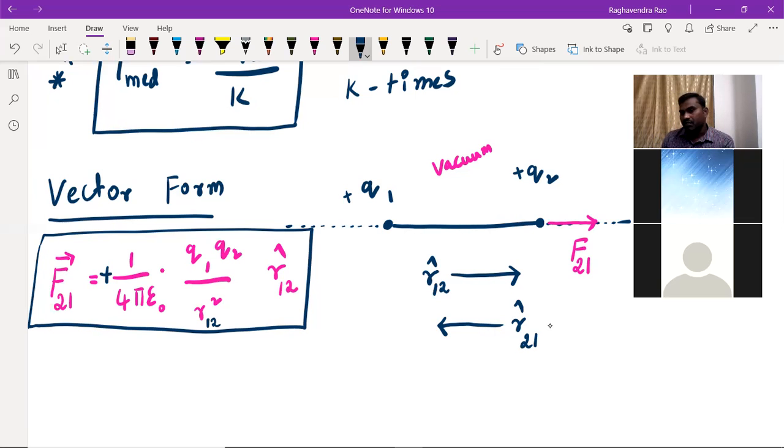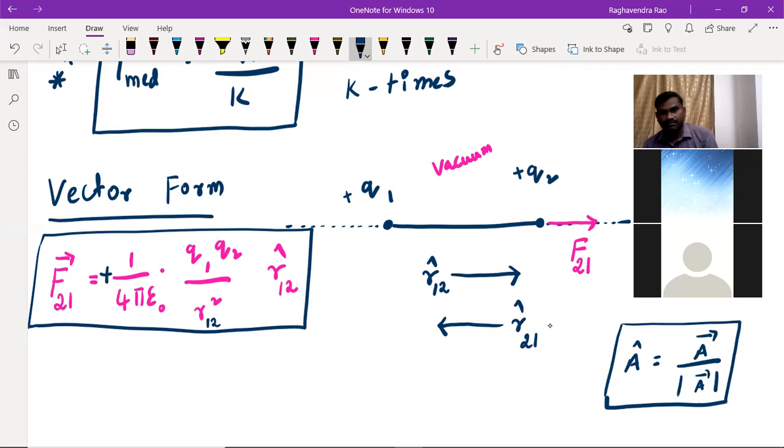And also we know the unit vector A cap is equal to A bar by modulus of A bar. If a vector is divided by its magnitude, then you will get a unit vector. This is basic vector notation.